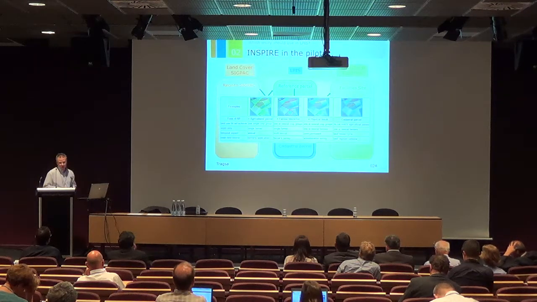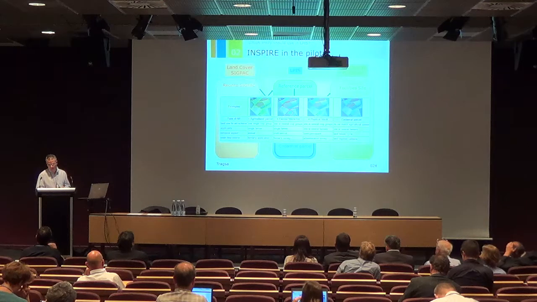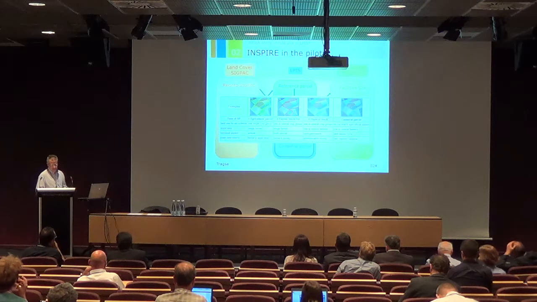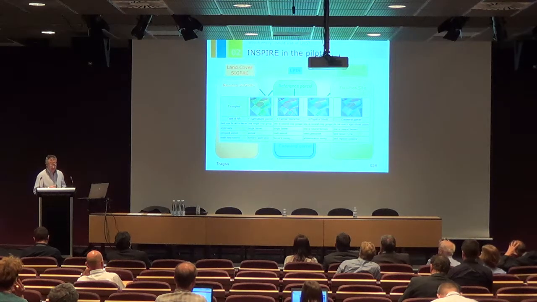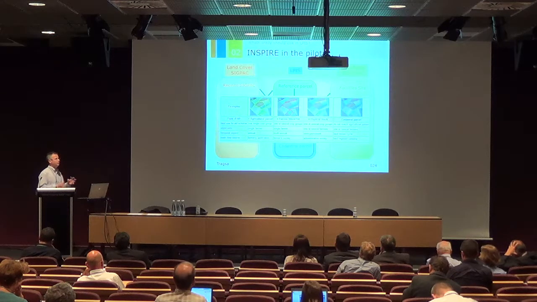There is an interesting question that could be a problem. For example, the Inspire term agricultural parcel shall mean a continuous area of land on which a single crop. There are 2 points in this definition that are a problem for us. For example, continuous area.